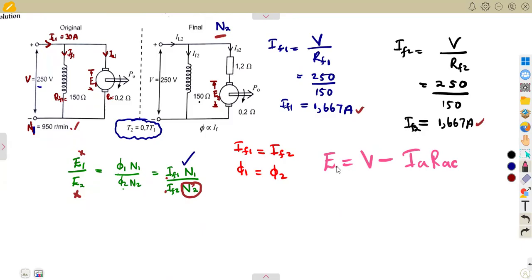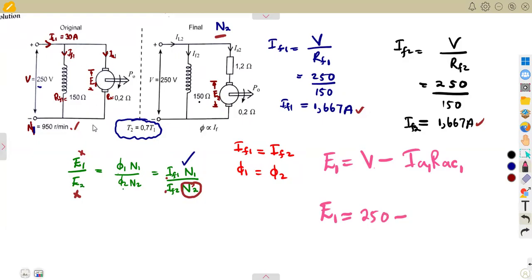So calculating E1, we are going to use V1, which does not change, V is the same. We're going to need the armature current from the original circuit, and the armature circuit resistance of the original circuit. Everything there we have, so you can calculate E1. The voltage of 250 we are given minus the armature current.